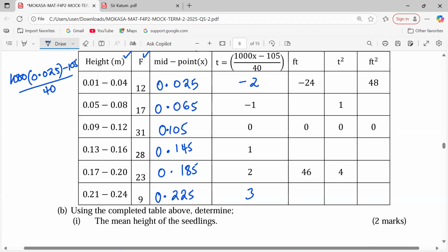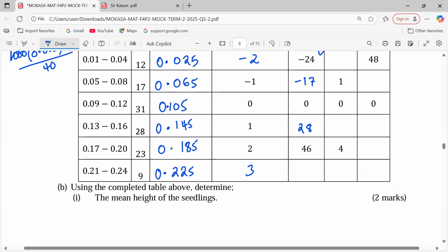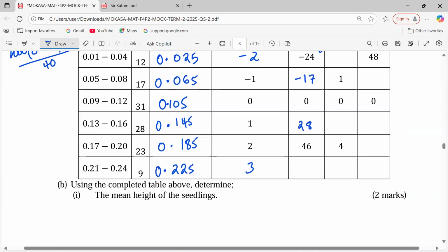T, the deviation. 12 by -2, we get negative 24. 17 by negative 1, we get negative 17. That's a 0. Then 28 by 1, we get 28. Then lastly, in the last bracket, we have 3 by 9, we get 27.